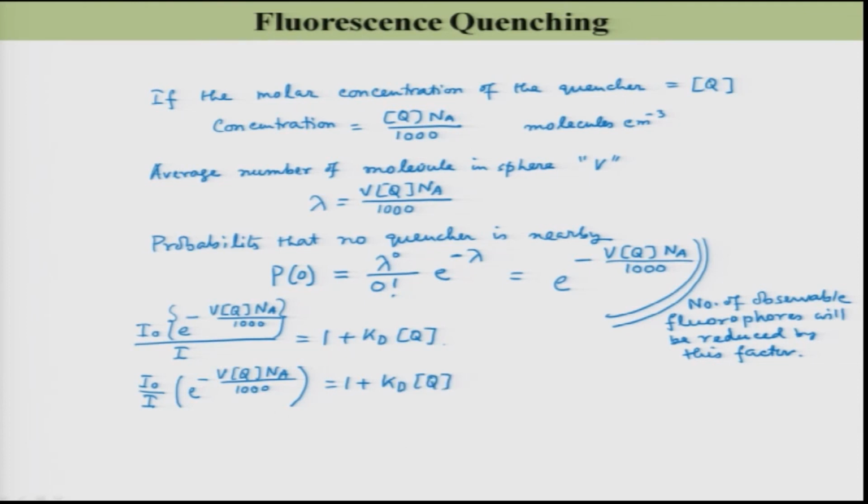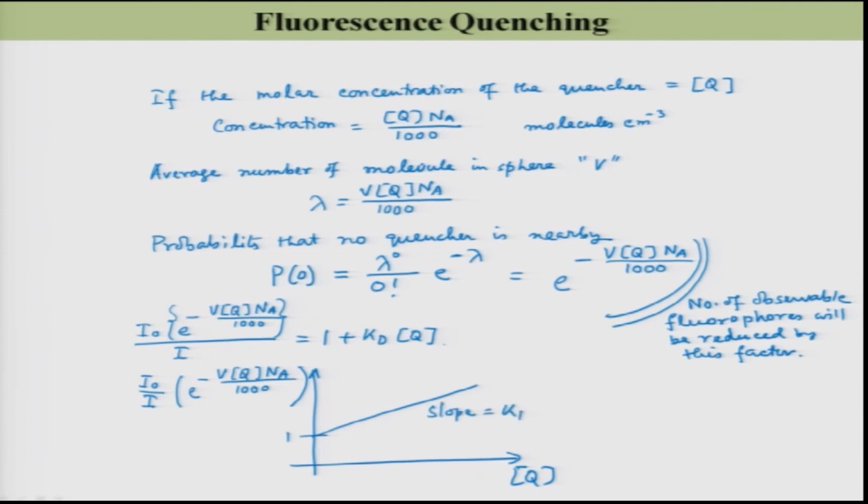I should plot this one versus Q. Then I will get a straight line, and the intercept will be equal to 1, and the slope will be equal to Kd.